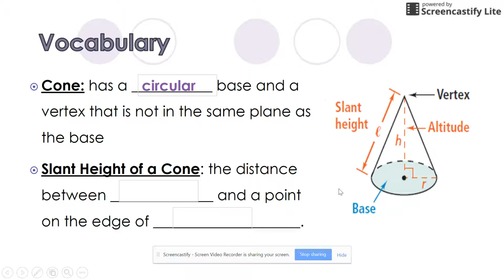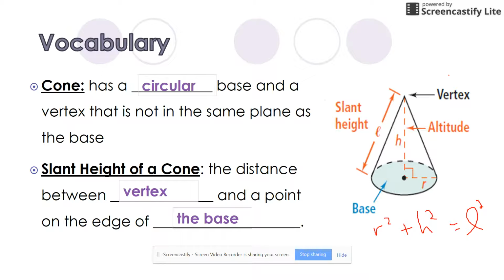But you might want to notice there's a right triangle here, so you could do a little Pythagorean theorem if you needed to. So r squared plus h squared equals L squared. So you do have a right angle. That will become important later on when we're finding some stuff.